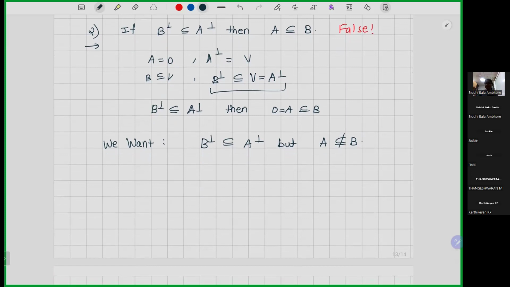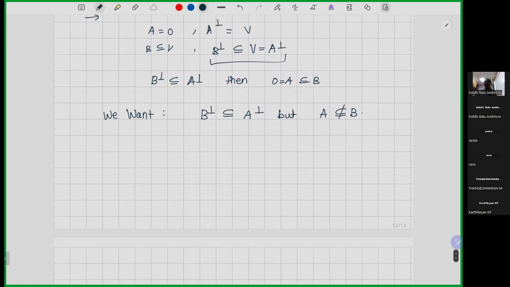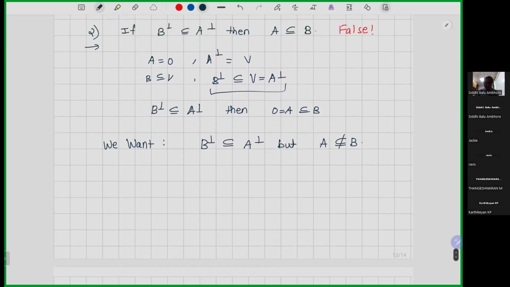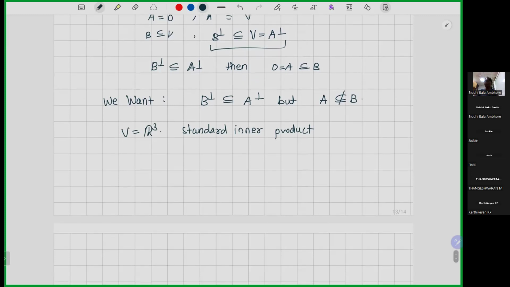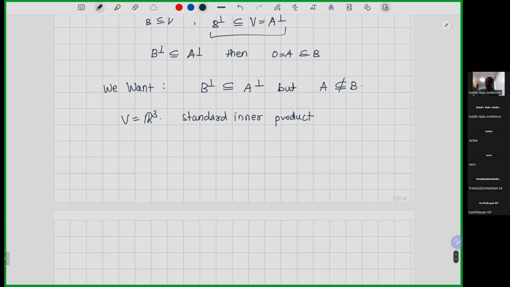Okay, so I guess there are no guesses. So I will just let V be R3 with the standard inner product. You can also do this in R2 as well, but I am doing this in R3 because I wanted to have concrete things. So, the standard inner product on R3.